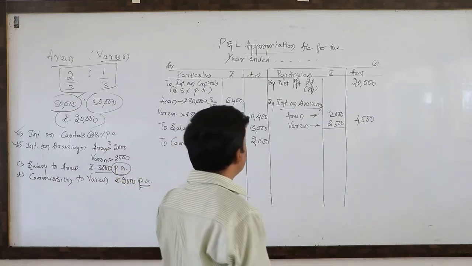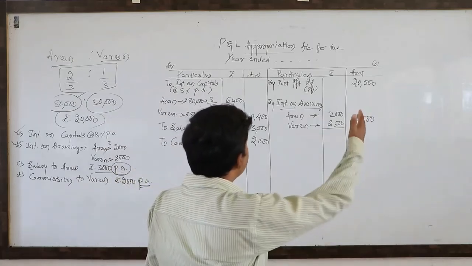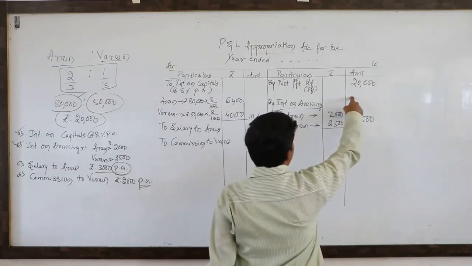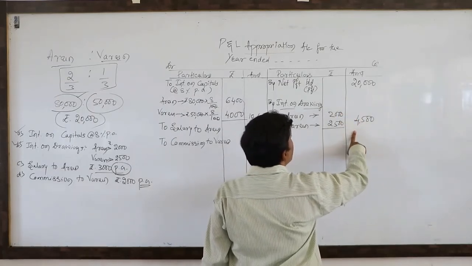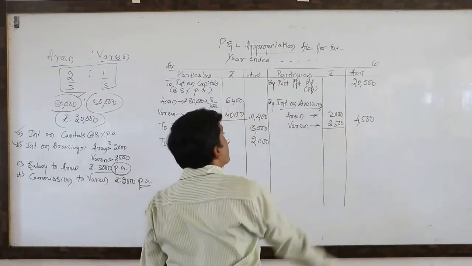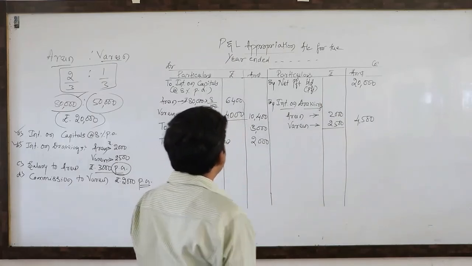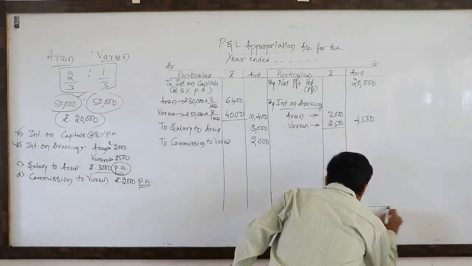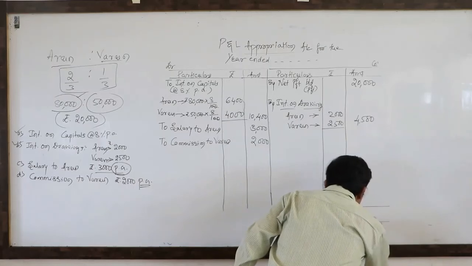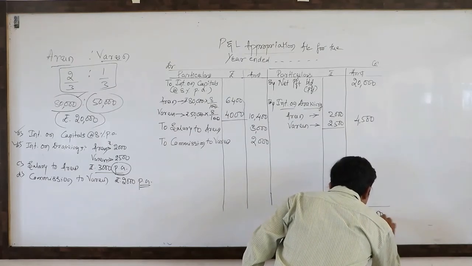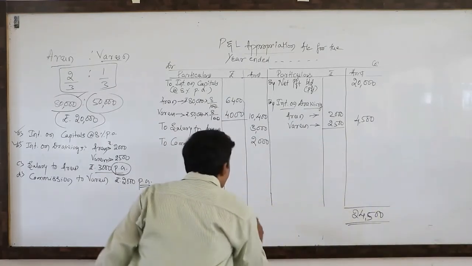By observing this account, the credit side is more: 20,000 net profit plus interest on drawings 4,500. Total of the credit side is 24,500.